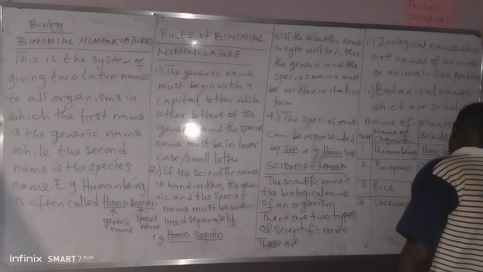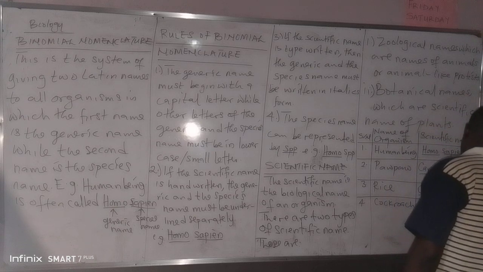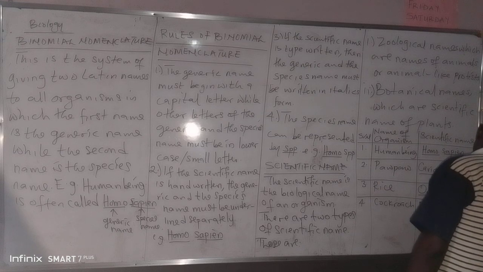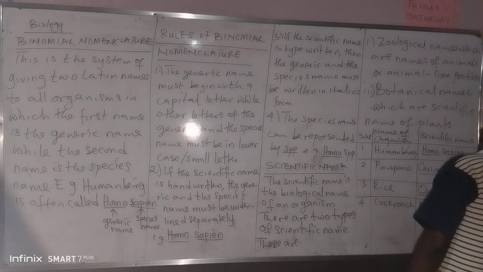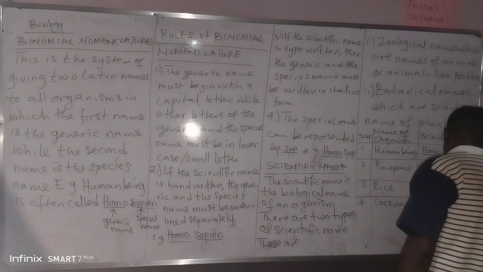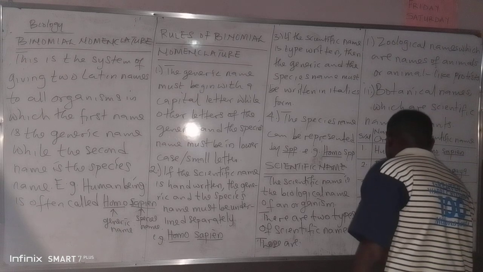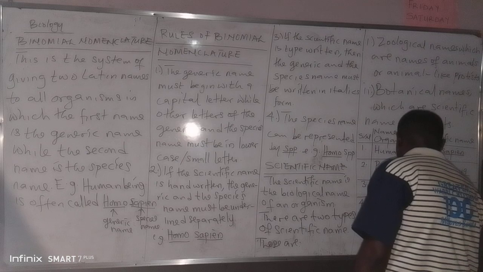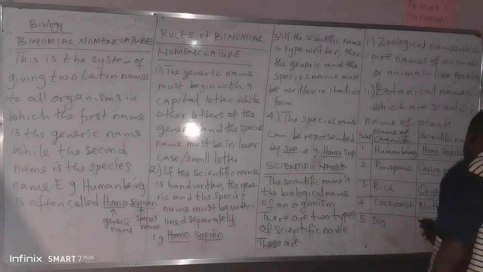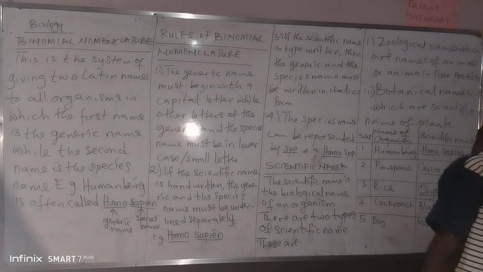Cockroach is Blatta orientalis. What about dog? Dog is Musca domestica.